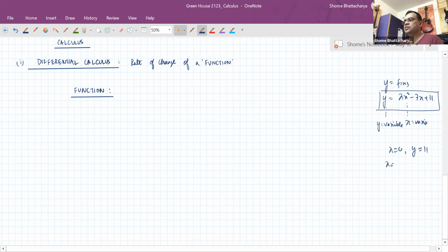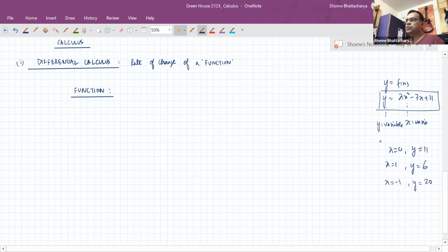When the value of x is 1, the corresponding value of y becomes 11 plus 2, that's 13, minus 7, so that's 6. When the value of x is, for example, -1, the value of y becomes 2 plus 7 plus 11, so that is 9 plus 11, that is 20, and so on and so forth.